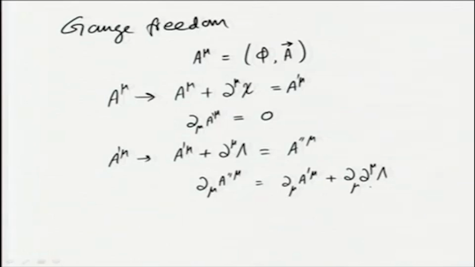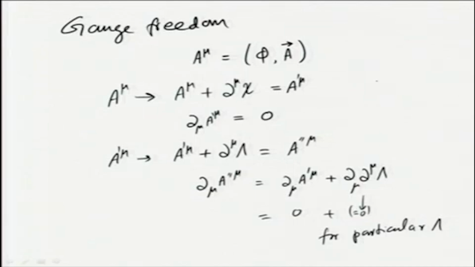The first term is equal to 0, and the second term can be made 0 if we choose lambda appropriately.